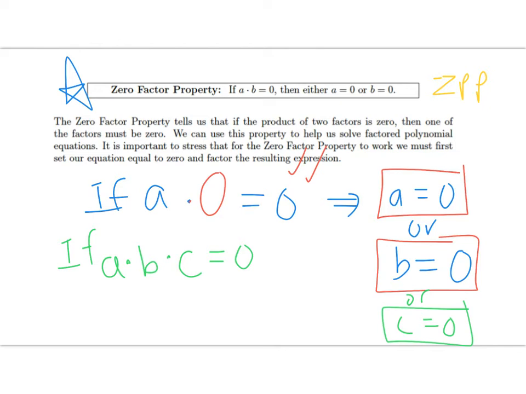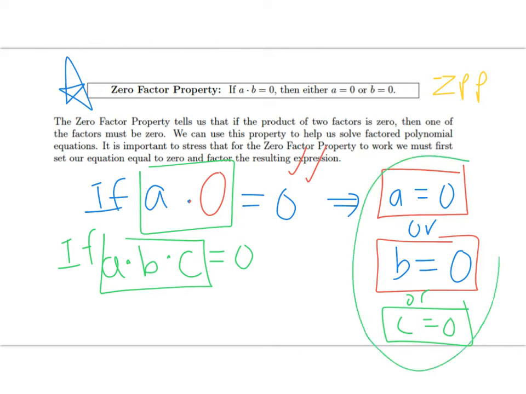In the end, once you've factored, that's really what we're saying here. Once you've factored, and if those factors are set equal to 0, you can then break each factor up and set it equal to 0. That's the key idea.